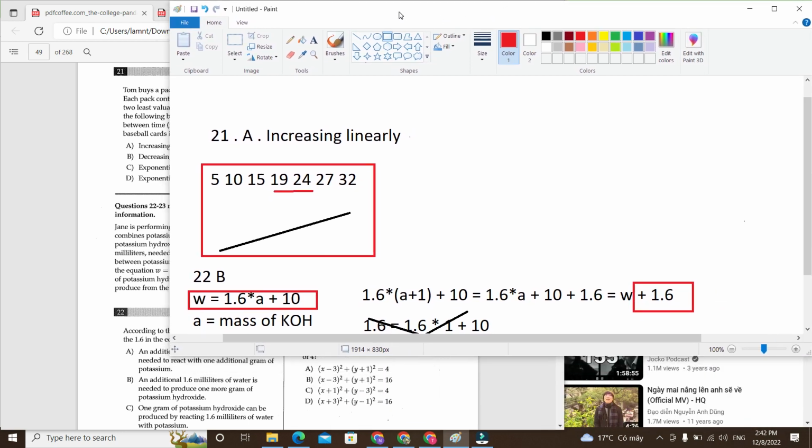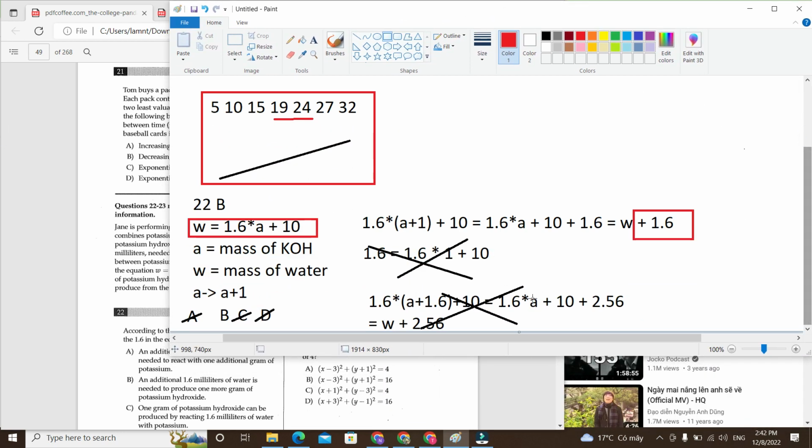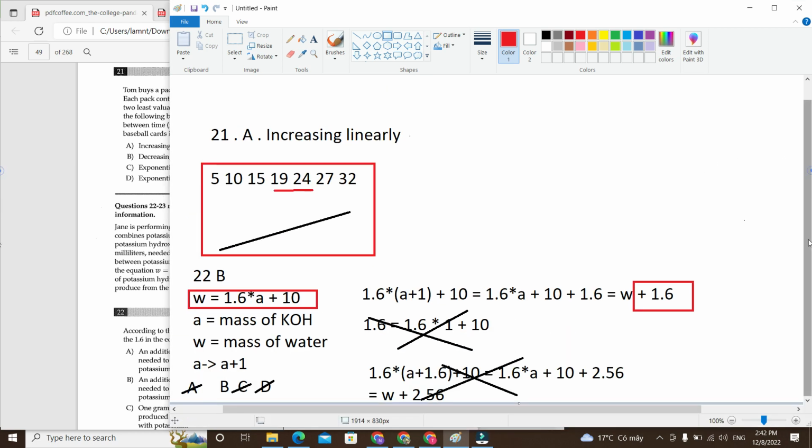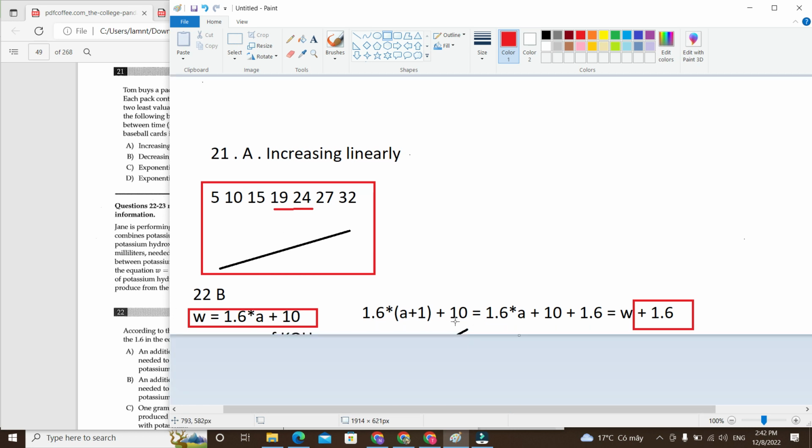I'm gonna make this thing a little bit different, smaller.